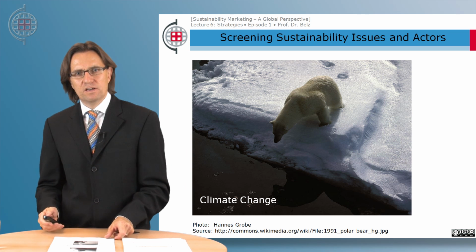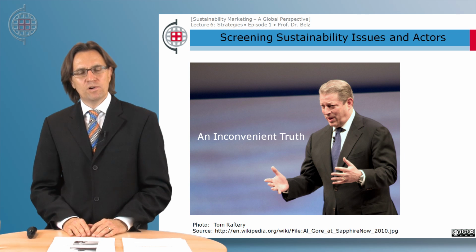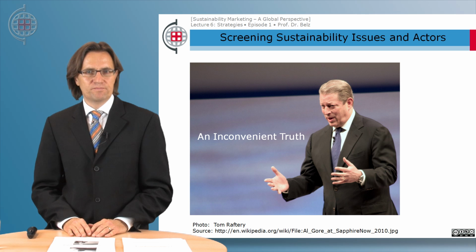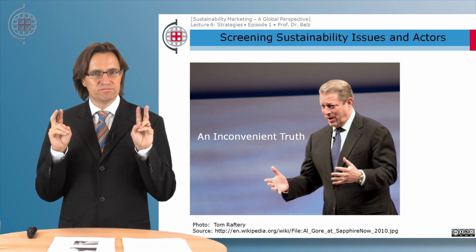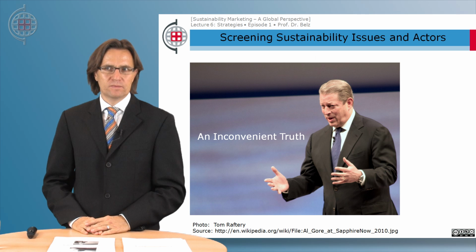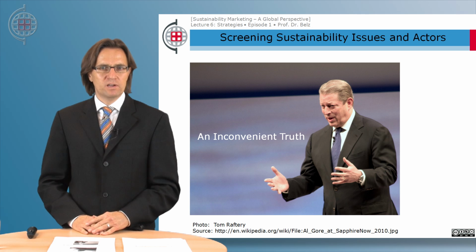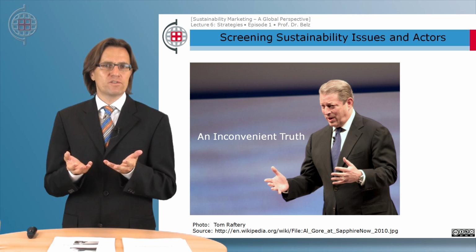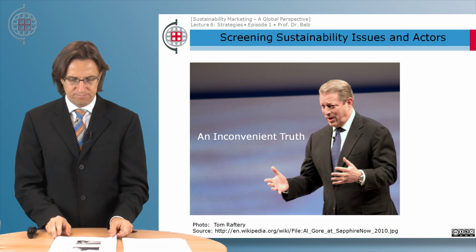Later on, there was another increase in attention when the former US Vice President Al Gore went on tour telling An Inconvenient Truth, a nice documentary about climate change. So in 2006 and 2007, the issue of climate change rose to new levels. It got a lot of attention.